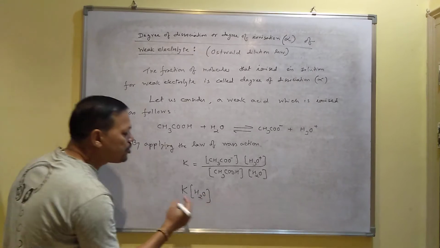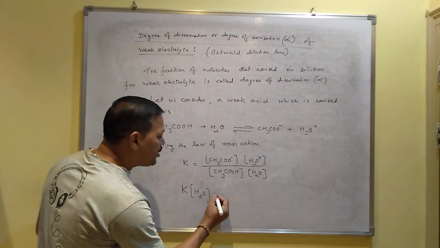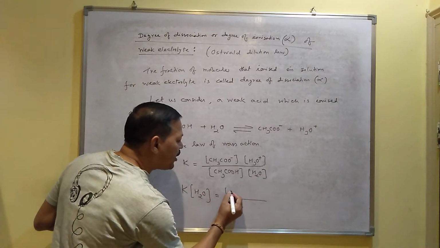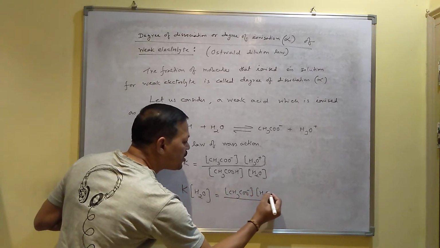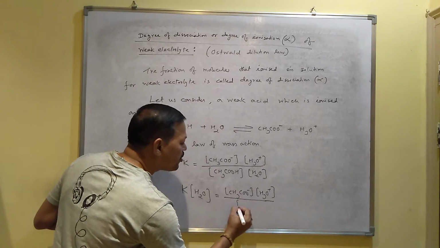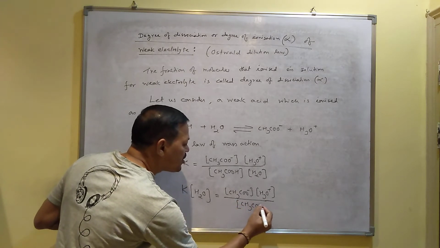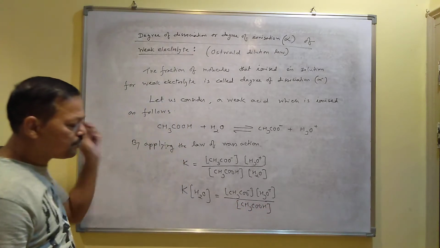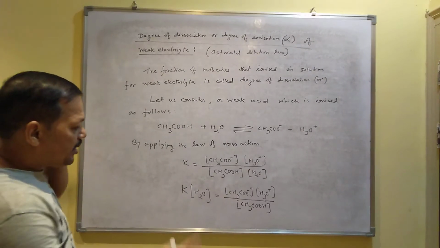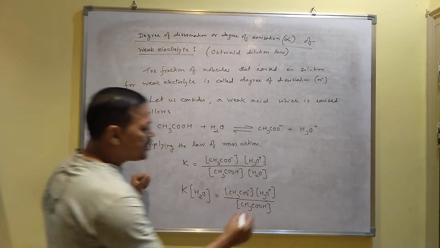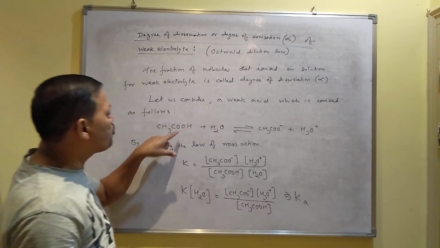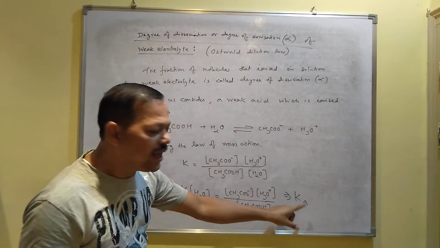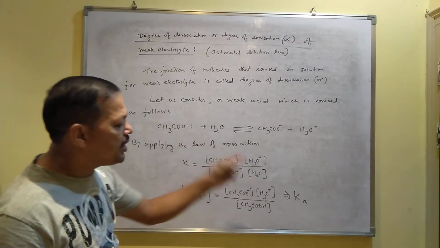So you can multiply it with the dissociation constant K. So K into H2O is equal to the concentration of CH3COO minus into the concentration of H3O plus divided by the concentration of CH3COOH. This K into H2O you can write as Ka also. A for acid, because we have considered acid. If you consider some weak base, then it is called Kb.